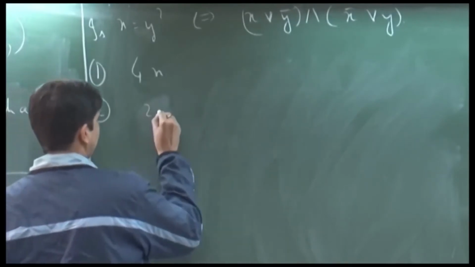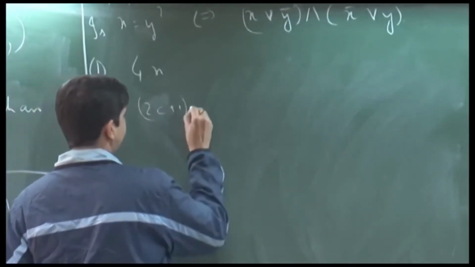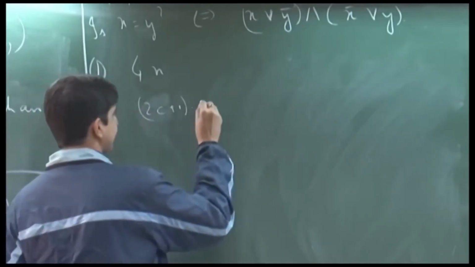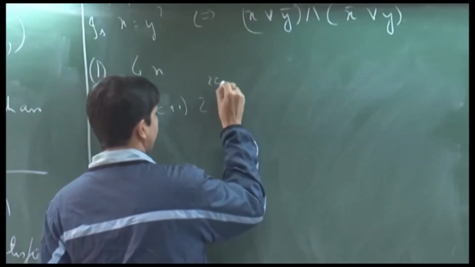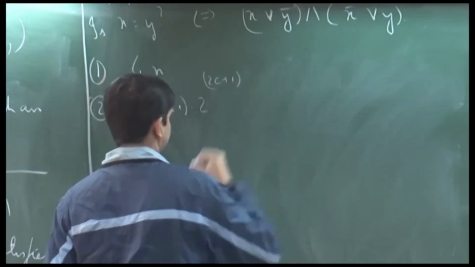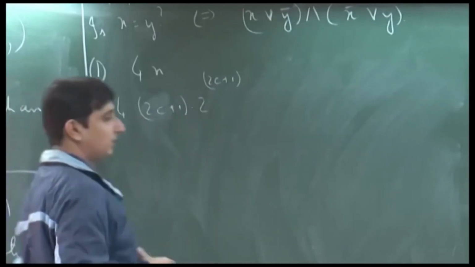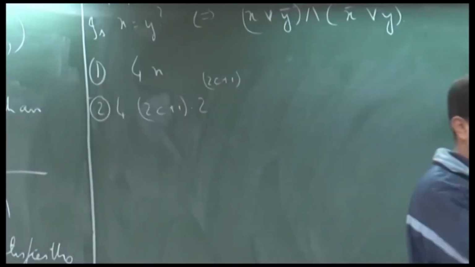It is (2c plus 1) times 2 raised to (2c plus 1) times some 4. Okay. So, essentially it is some constant, it does not depend on the input length again.